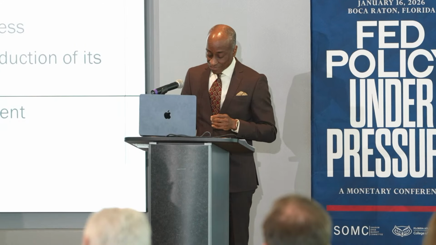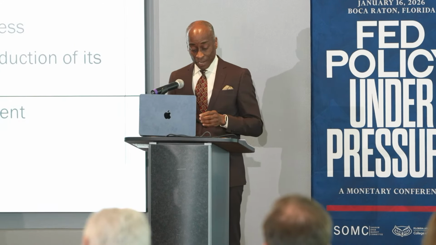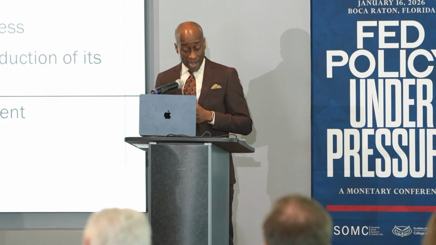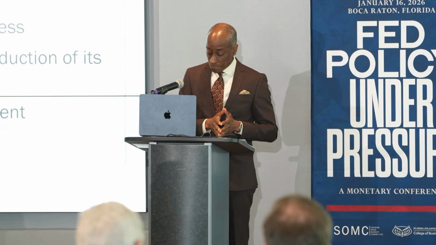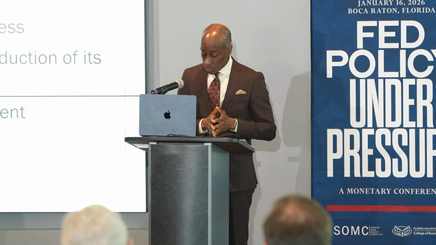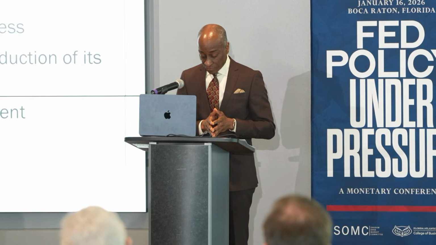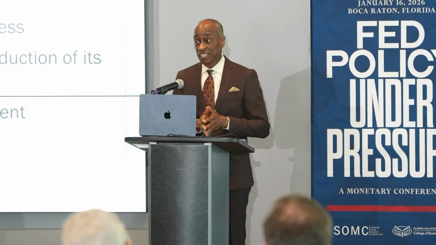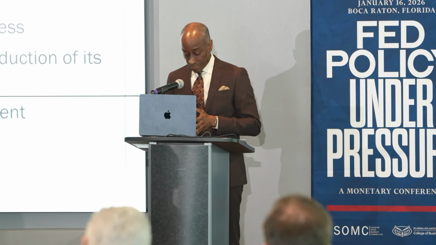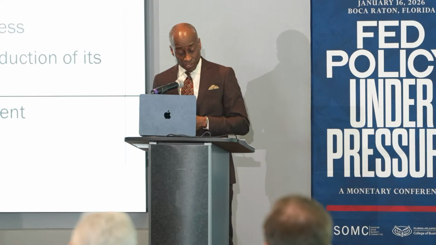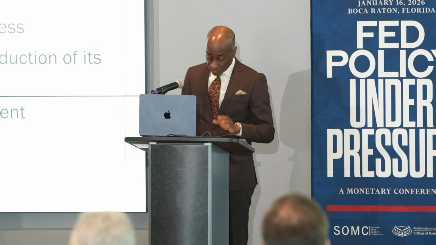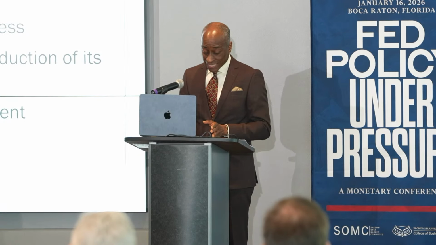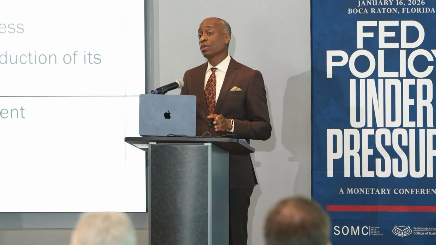This asset runoff affected not only our assets, but also our liabilities, such as the reserves in the banking system and the level of overnight reverse repurchase agreement operation balances. At the beginning of the balance sheet runoff in 2022, reserves were at an abundant level at about $3.5 trillion.